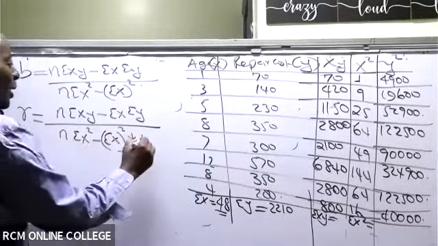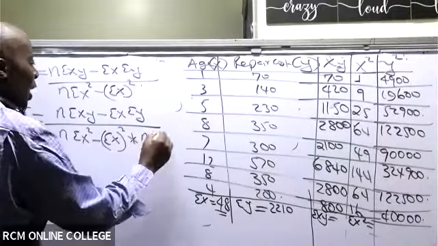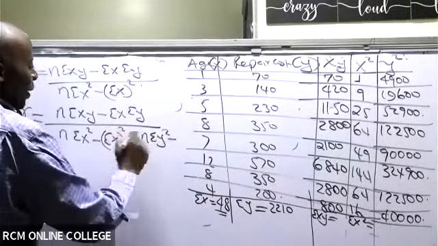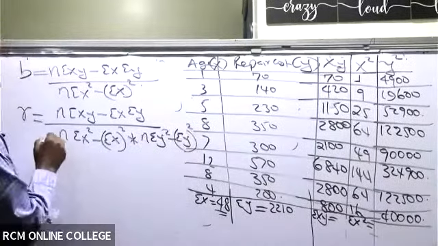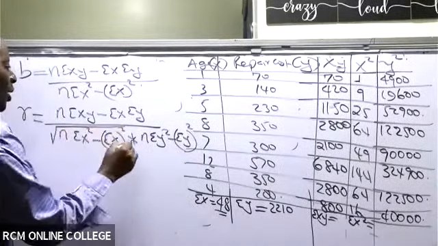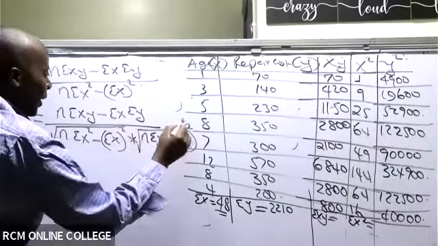So it becomes n times the summation of y squared minus the square of the sum of y. And then, of course, you put these under their respective square roots.